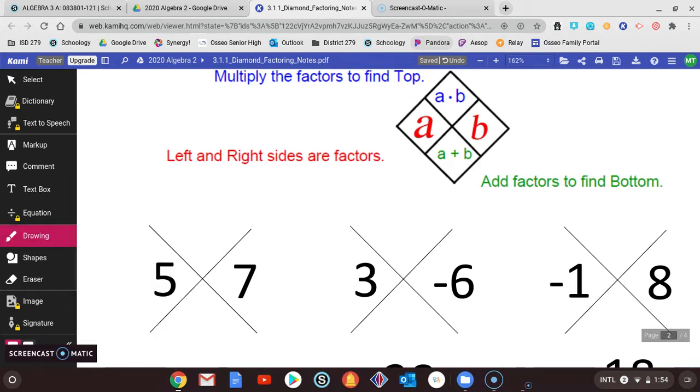Okay, so 5 times 7 is 35, and that's the top. 5 plus 7 is 12, and that goes on the bottom. All right, so I want you to multiply these two to get the top, add those two to get the bottom. So I want to see if you can do the next two. So pause it, and then we will talk about it. See if you got the same answer as me.